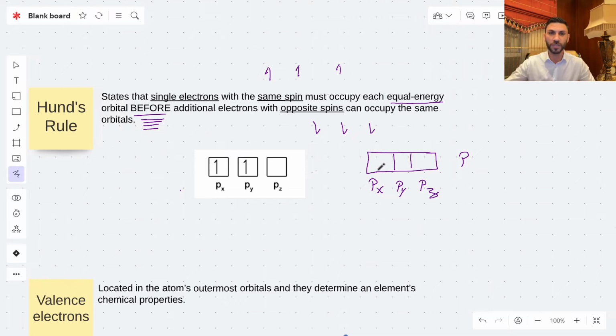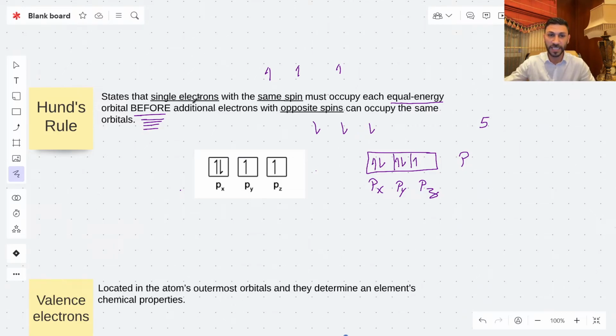How are they distributed? Single, single, single, and then we double them. So if I have 5 electrons, I'm going to write them 1, 2, 3, and then 4, 5.